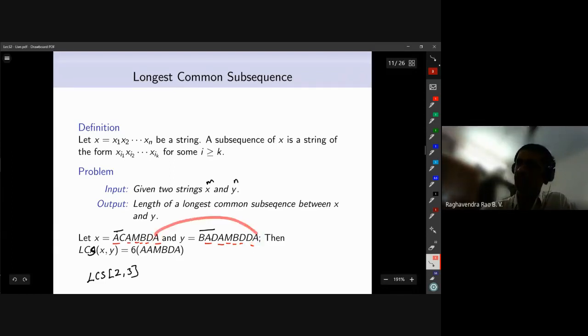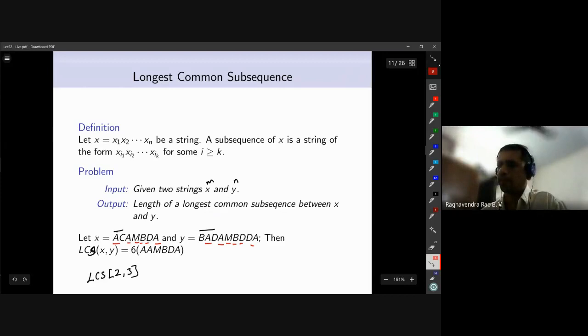Now, if they match, how can we reduce the computation of LCS(i, j) to smaller instances? When I say smaller instances, you should have a number less than i or a number less than j.